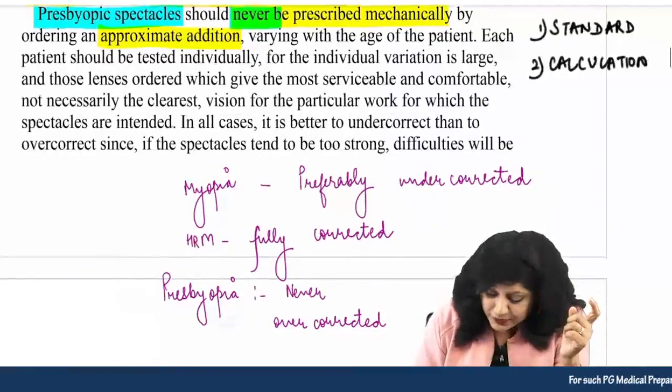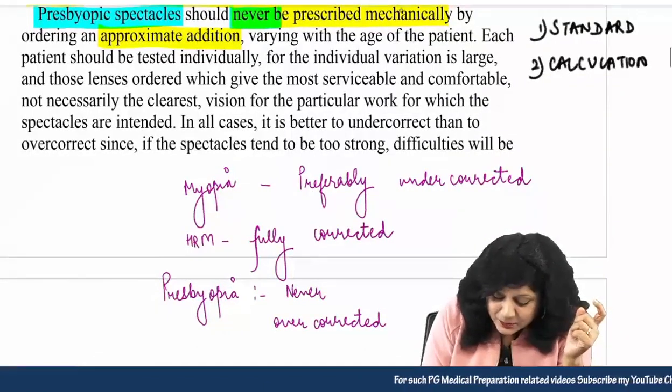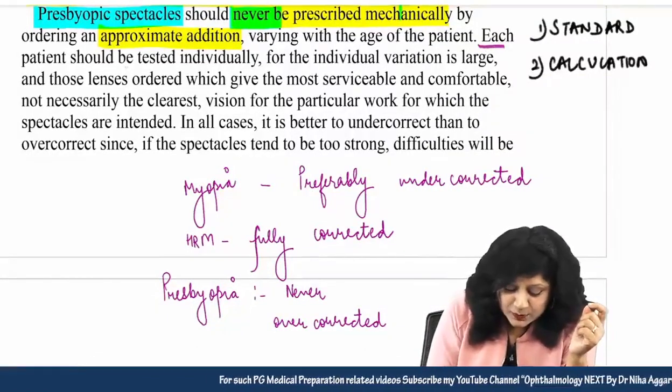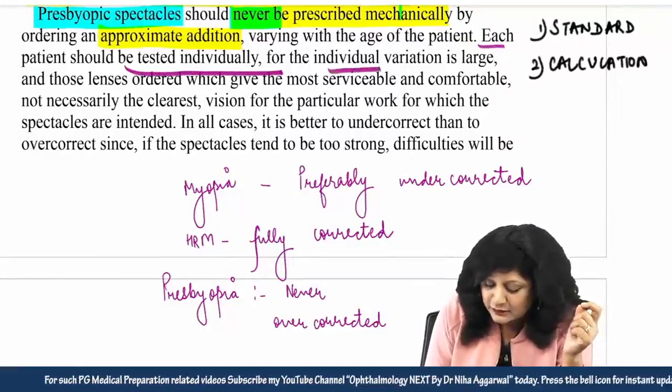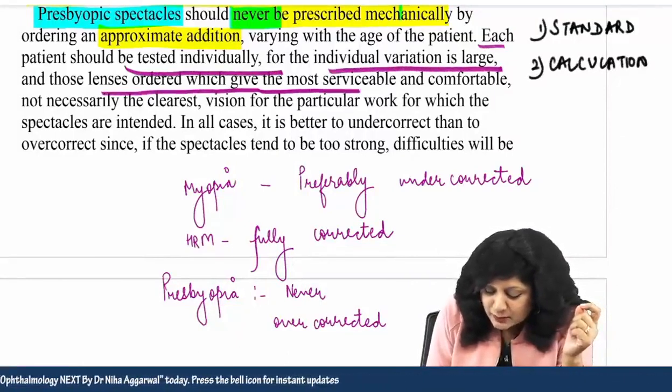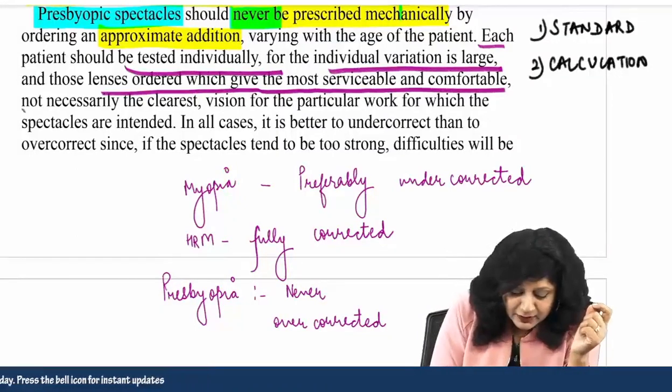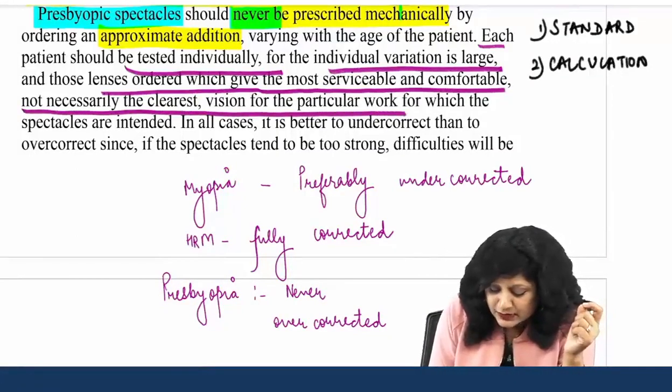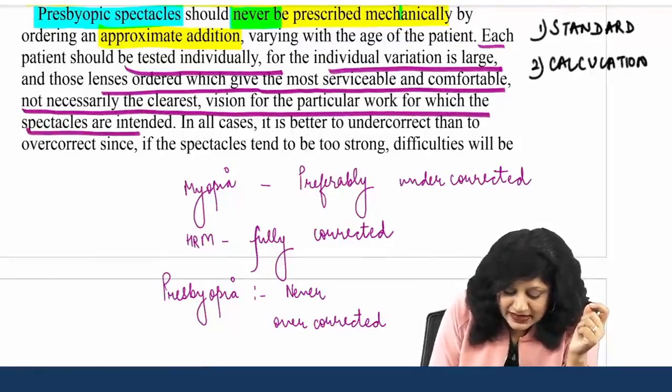So each patient should be tested individually, for the individual variation is large, and those lenses should be ordered which give the most serviceable and comfortable, not necessarily the clearest vision for the particular work.